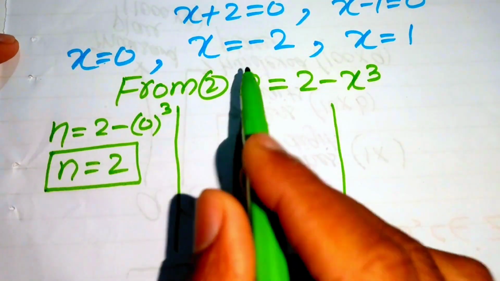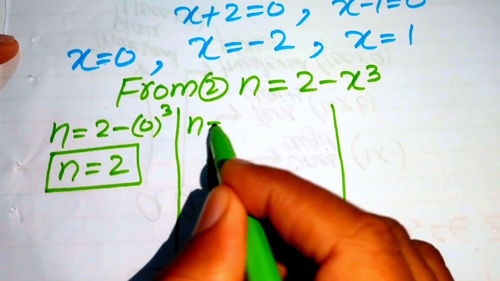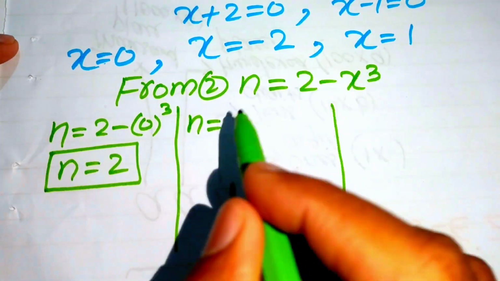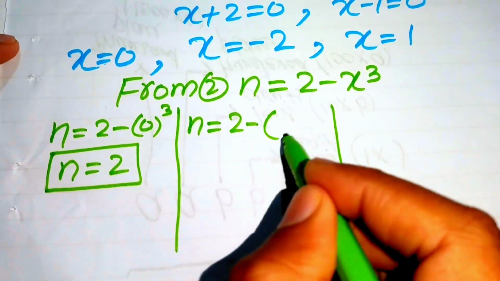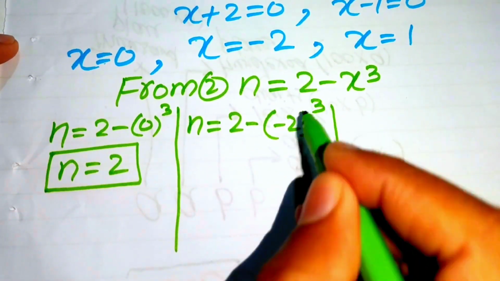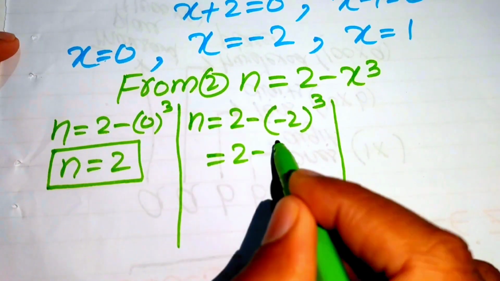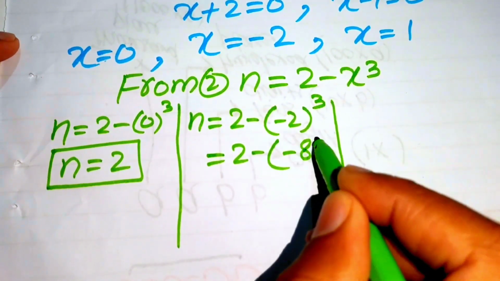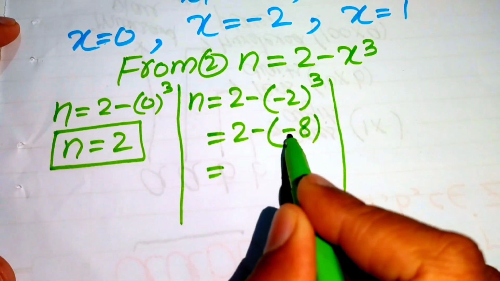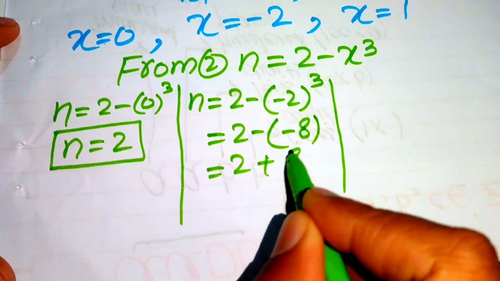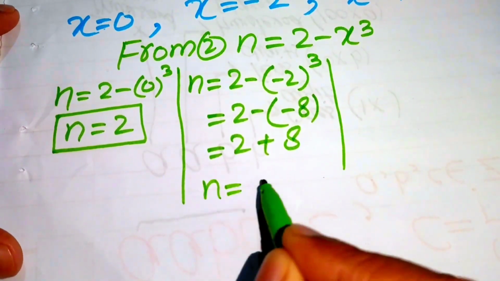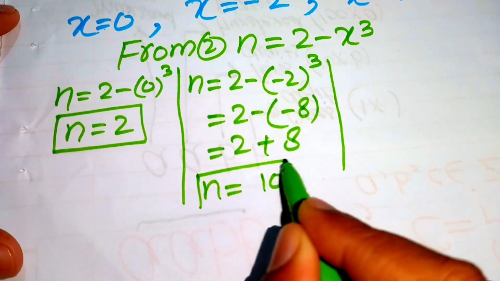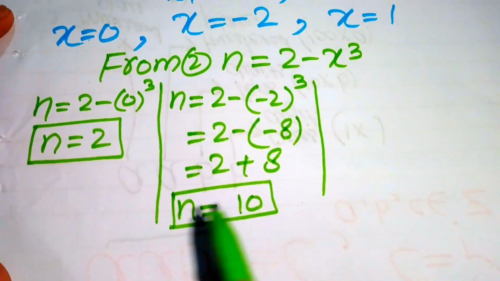And similarly in second case, we put the value of x equals minus 2 here, and you get 2 minus (minus 2) cubed, and we have (minus 2) cubed equals minus 8, and minus minus is plus, and you get 2 plus 8. So in this case you get the value of n equals 10. So this is the second value of n.